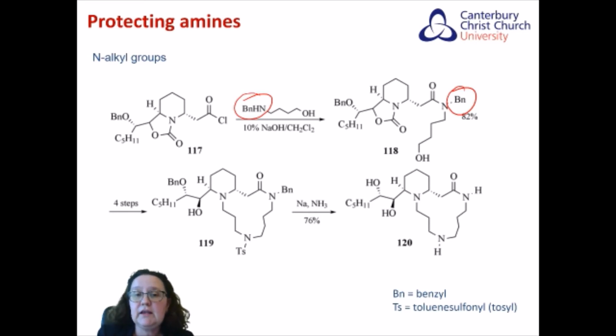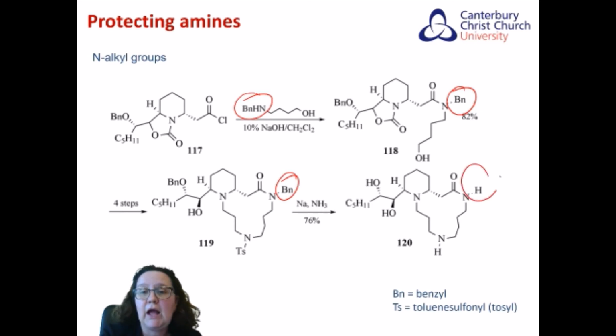And finally, by using sodium in ammonia as solvent, you remove the protecting group, this benzyl group, and generate, in this case, an amide, but liberate that position in the nitrogen and recuperate a hydrogen.